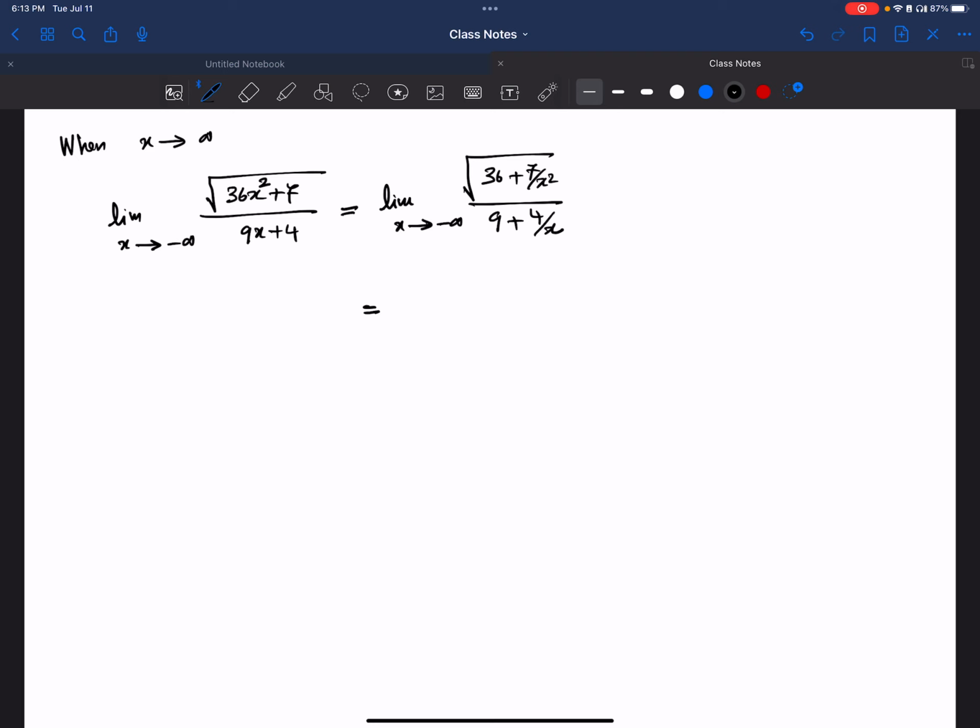So rather than dividing by x, you'll be dividing it by negative x.